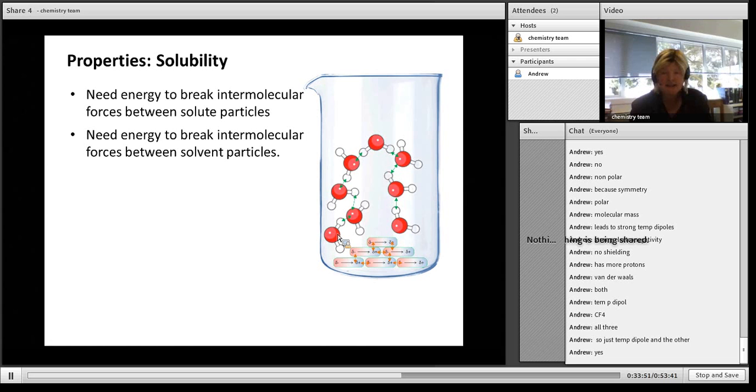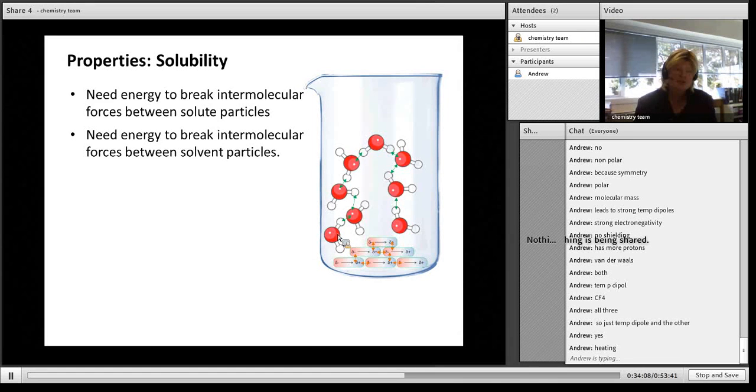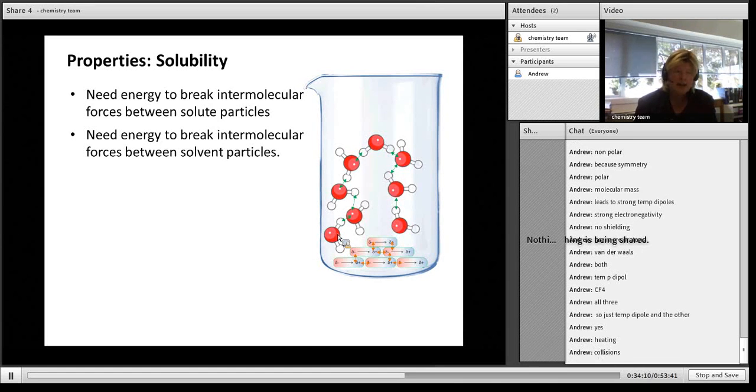Where is that energy going to come from to break that? From heating, and that's why things dissolve quicker when you heat something. But it also needs to come from as attractions are formed. True, when there are collisions, you form an attraction, and that attraction does what?